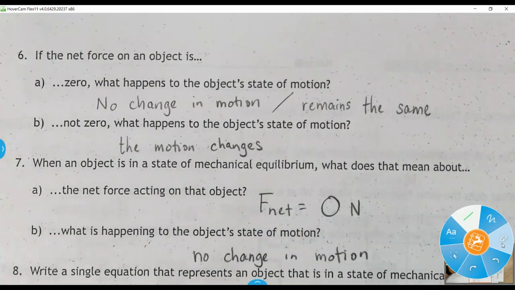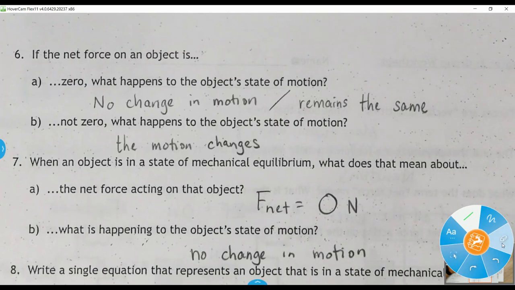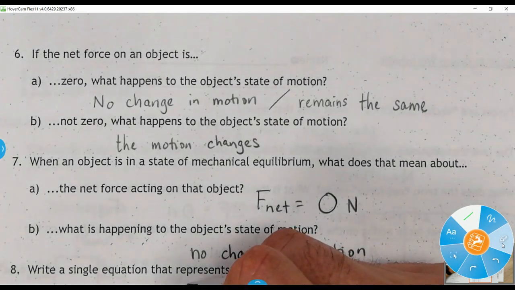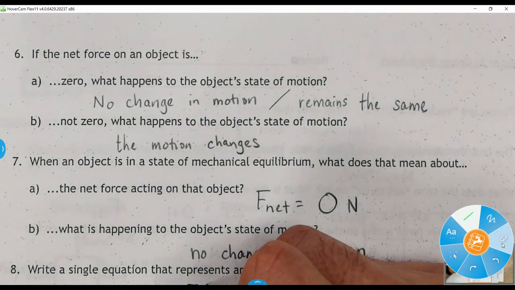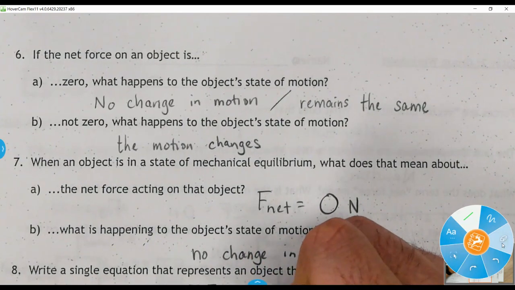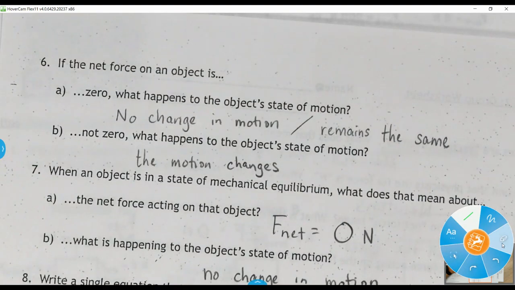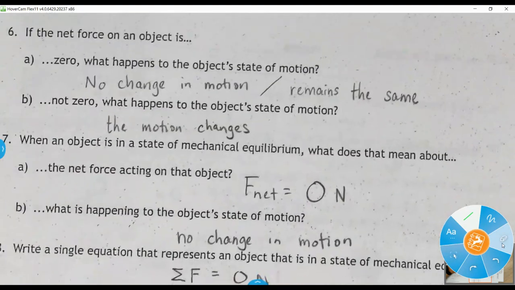Write a single equation that represents an object in a state of mechanical equilibrium. Sigma F equal to 0. The object is in a state of equilibrium.